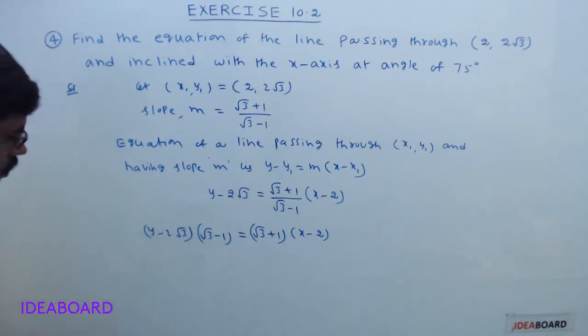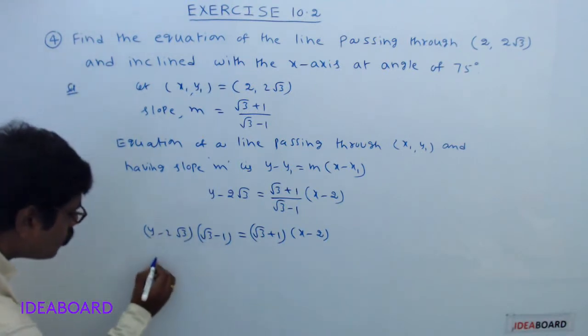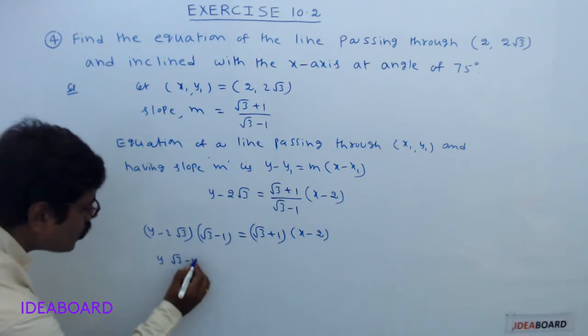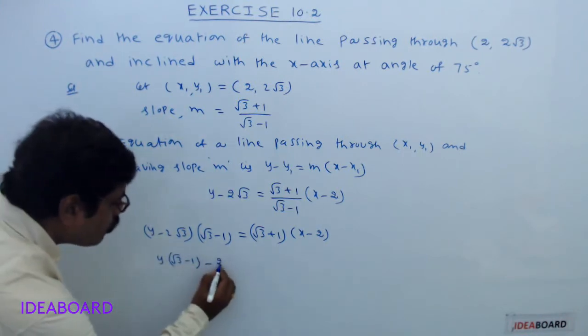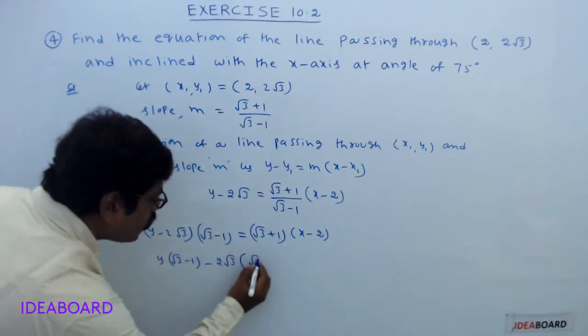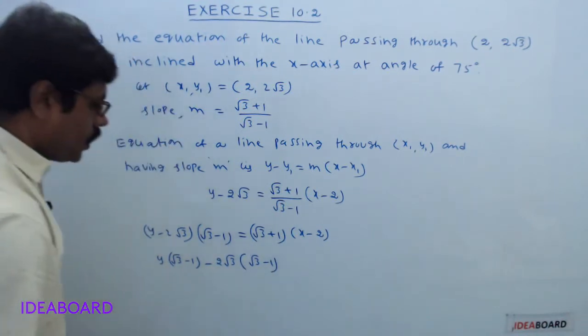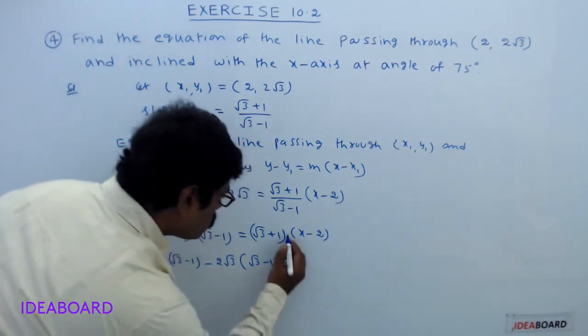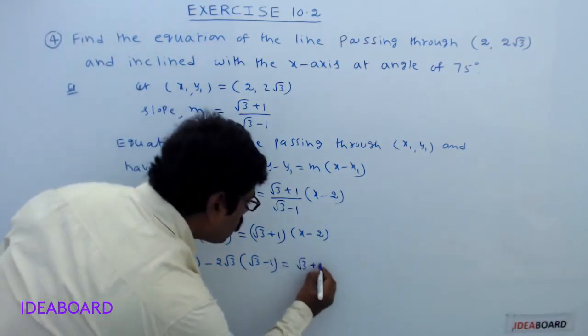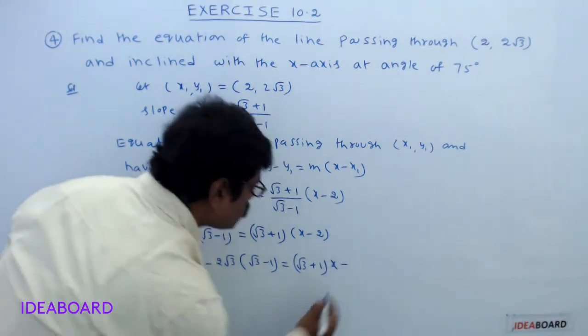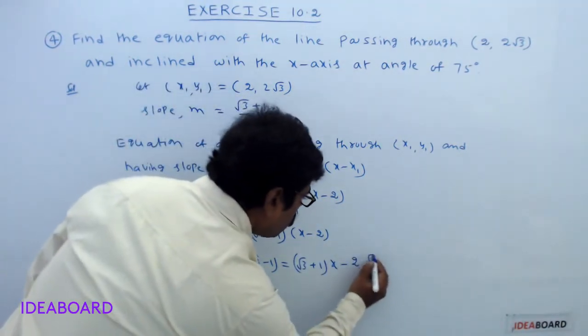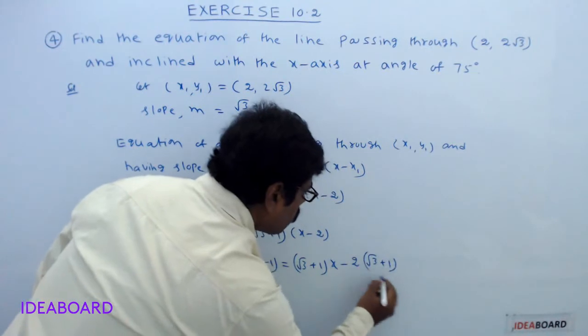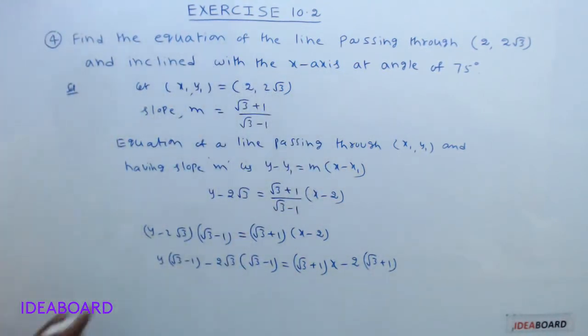Now do the multiplication. This is y into (root 3 minus 1) minus 2 root 3 into (root 3 minus 1) equals (root 3 plus 1) into x minus 2 into (root 3 plus 1).